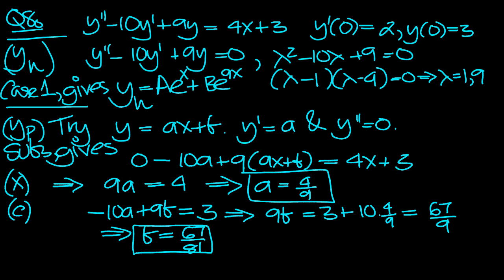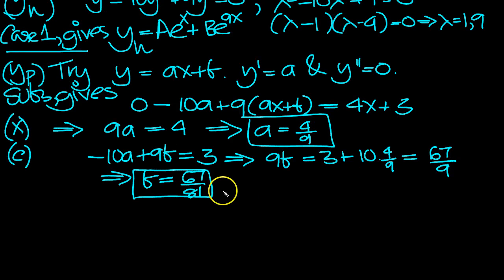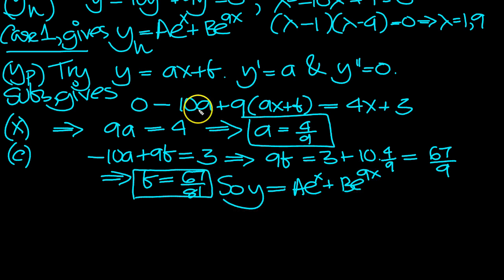So we can write down the general solution now. So y equals yh plus yp. Here's yh: A e to the x plus B e to the 9x. And then plus yp.